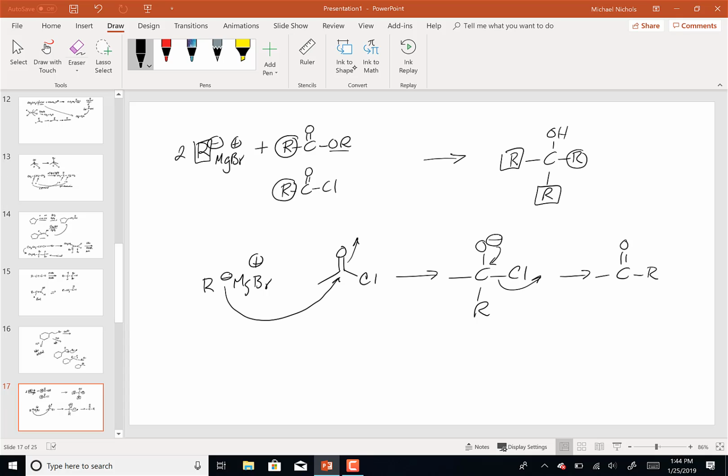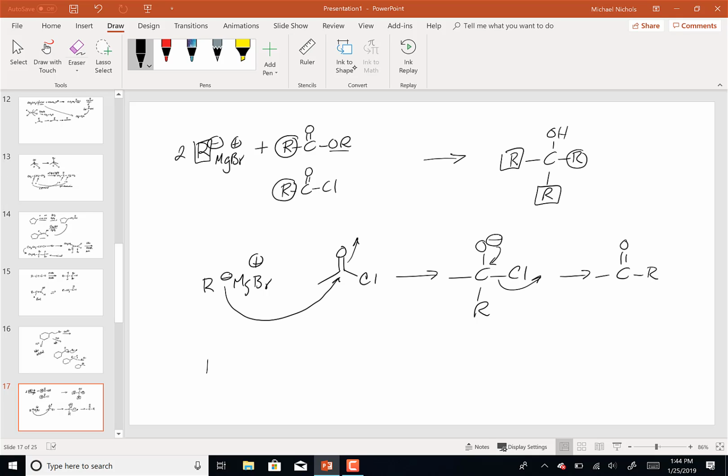It's going to take a time out and say, can I reform my carbonyl? And so it can reform the carbonyl if it can bring this pair of electrons down, but something's got to leave. And if something can leave, it will do this because a carbonyl group is very stable. So we would like to reform the carbonyl every time it has something added to it.